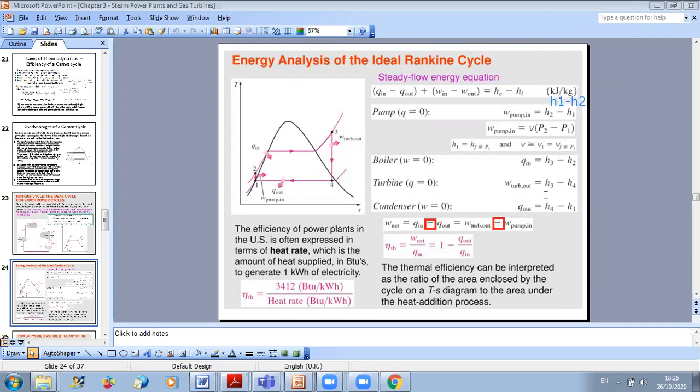If you apply the formula we did together above, you will have H1 minus H4, and you will get a negative result in this case, which is the case because you are losing heat in your condenser.